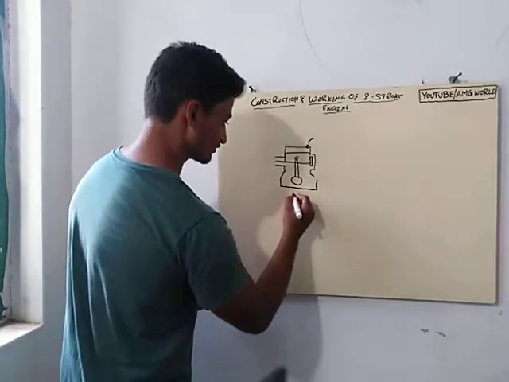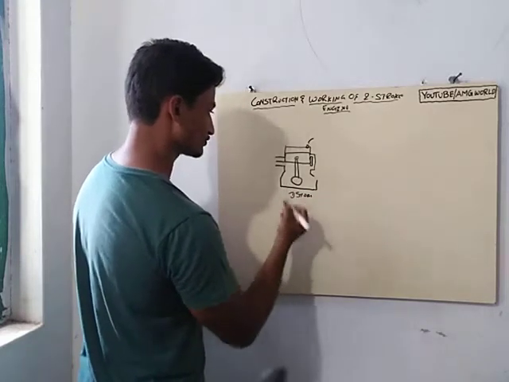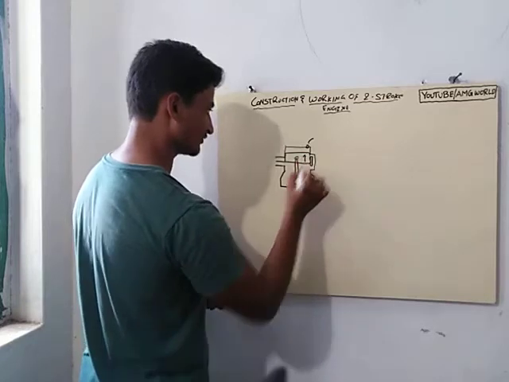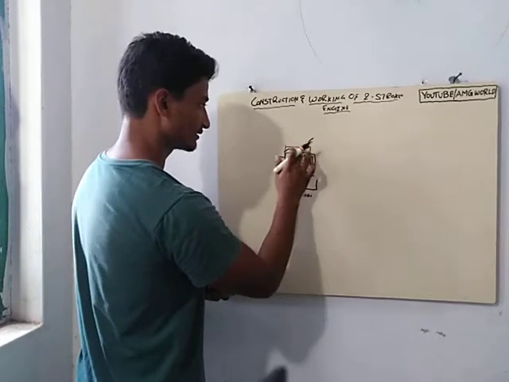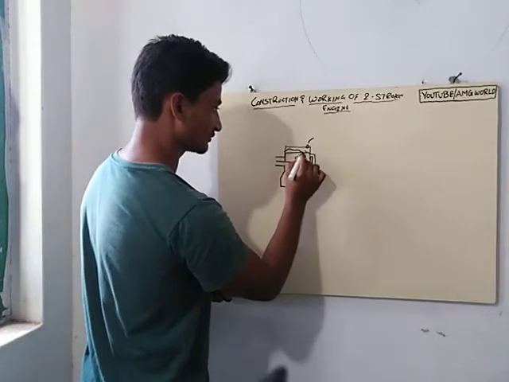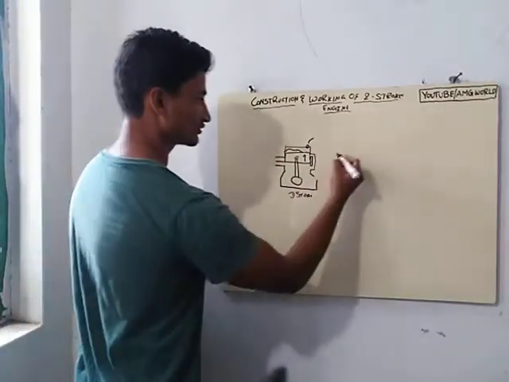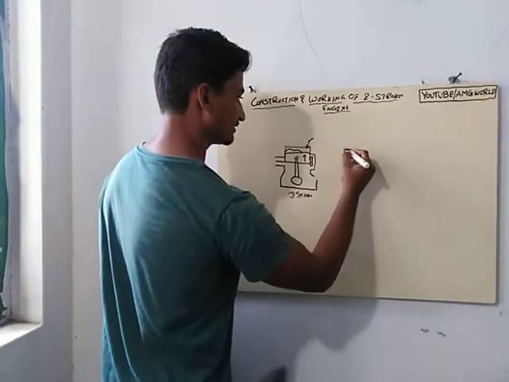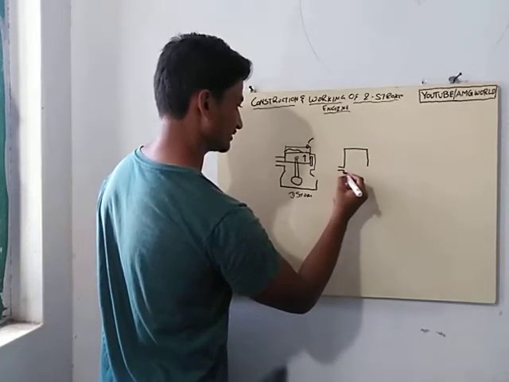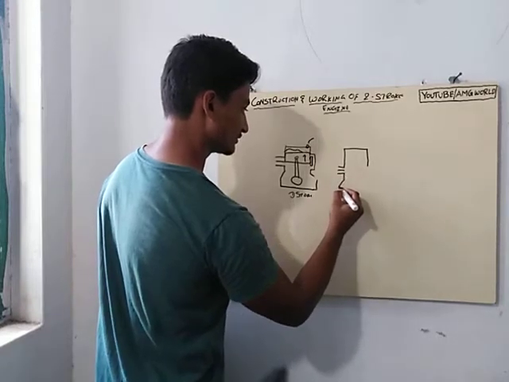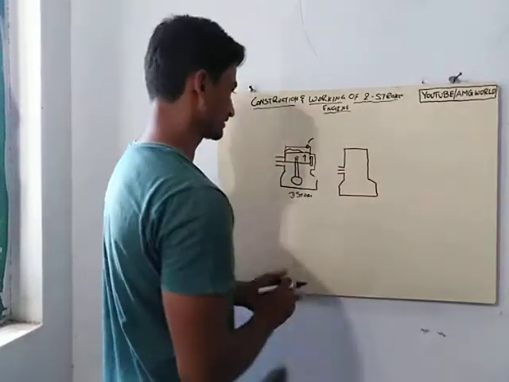If I take this one as the first stroke, during this stroke the piston moves upwards, and I have a deflected structure on the piston surface. Here I have the second stroke diagram, and here come the exhaust port and inlet port. Here is the crankcase.